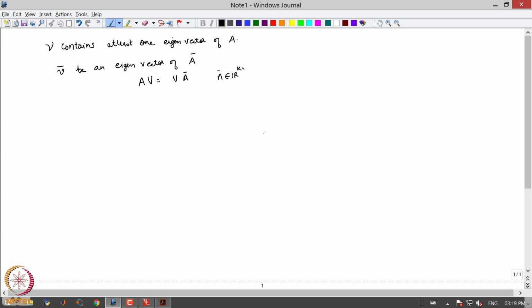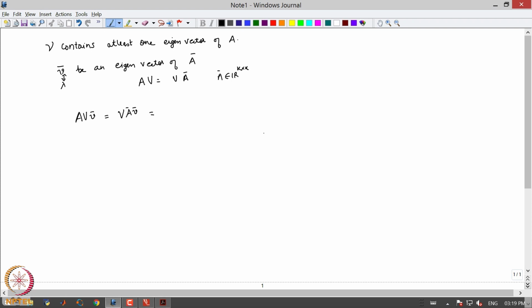Now, let lambda be the corresponding eigenvalue to this eigenvector v bar. What we know then is that A times V v bar is V A bar v bar. Now, what do I know? That v bar is an eigenvector of A bar.